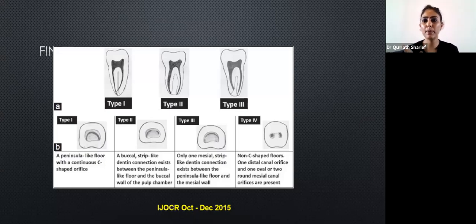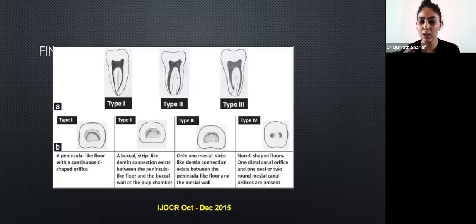And when you come to the biomechanical preparation, the literature states that the maximum amount of biomechanical preparation should be done is 36%, not more than that. And since there is presence of developmental grooves, especially the mesiolingual canal, please do not do overzealous preparation. Otherwise, you're going to cause a strip perforation and finally the root is going to fracture. So you need to take care of this, especially in C-shaped canals.